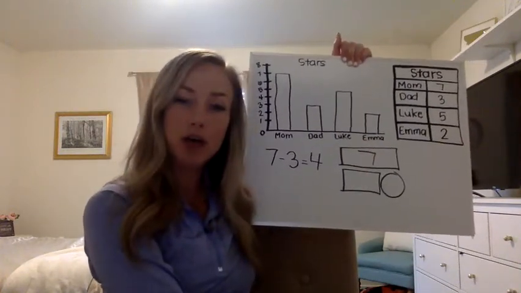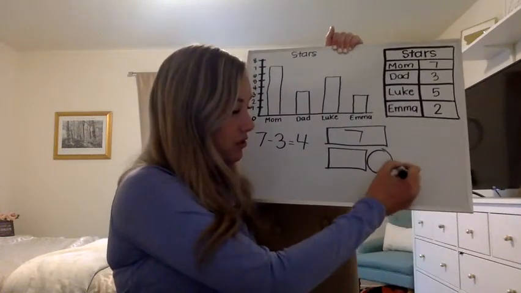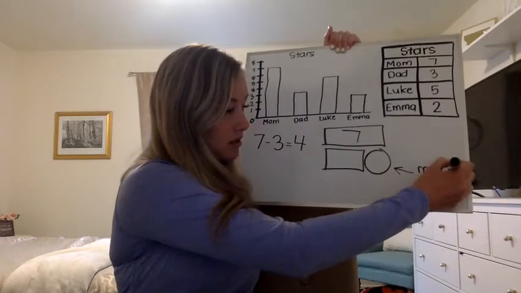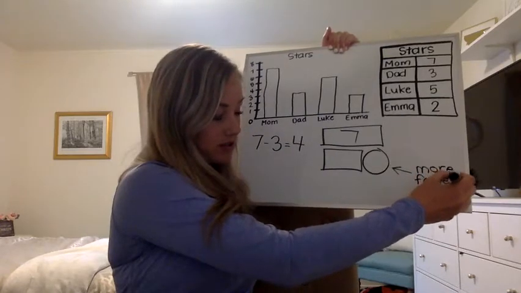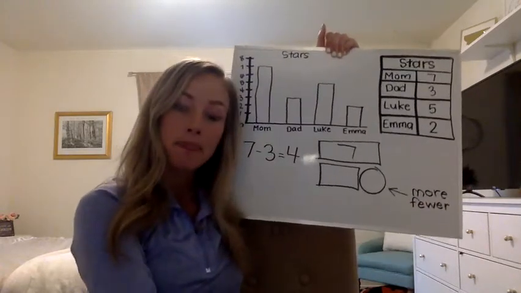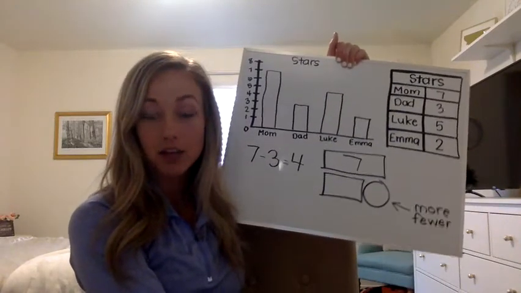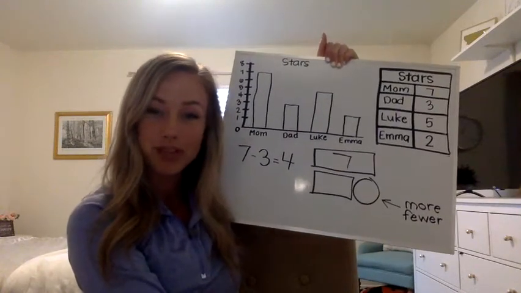Now we want to know how many more she saw than Dad. We know that this circle right here on our comparison bars is for the word more or fewer. And fewer means less, so it could also say less, okay? Now the question is, how many more did Mom see than Dad? So do we know the number that goes next to more? Or is that what we're trying to figure out?